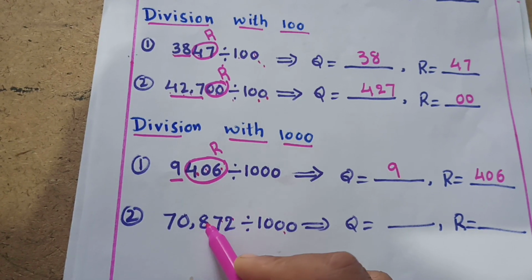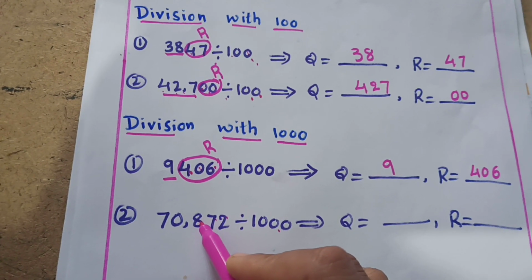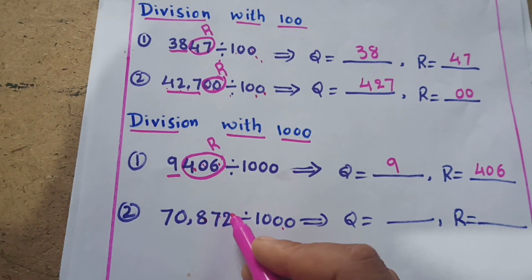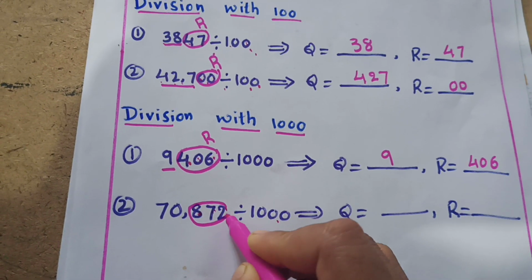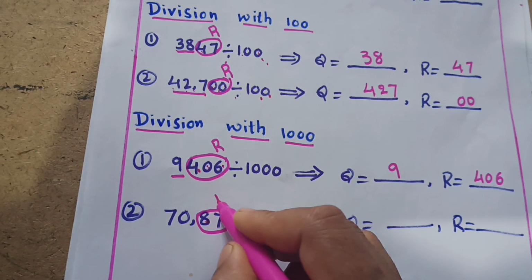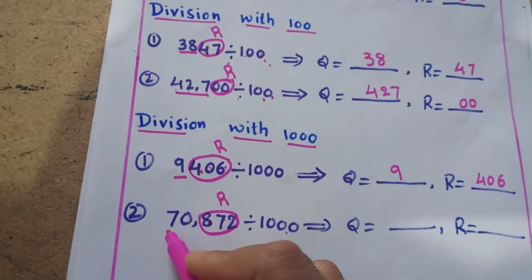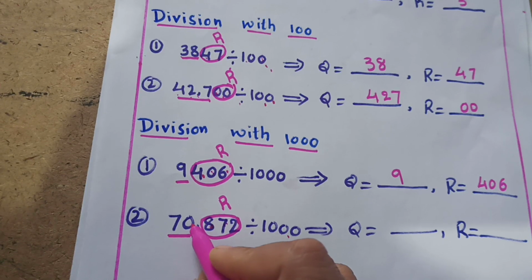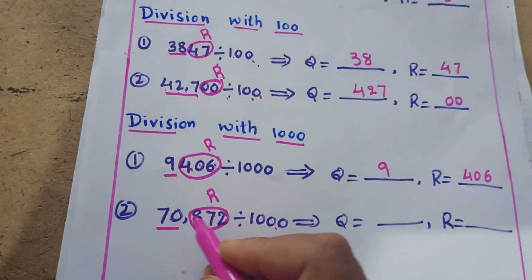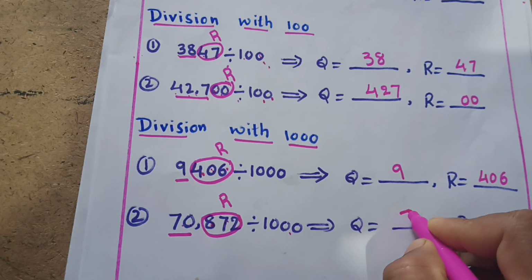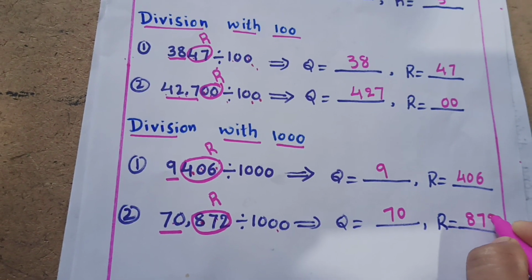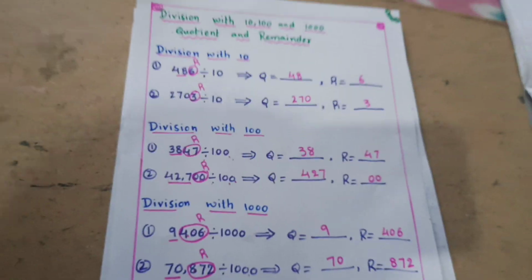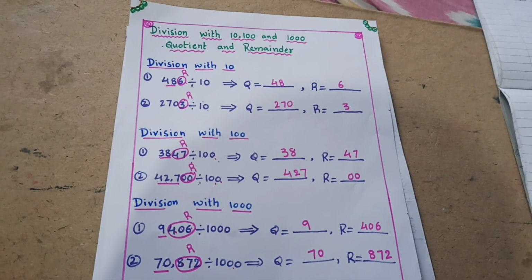That means the digits in the ones, tens and hundreds place become the remainder. What are the rest of the digits? 7 and 0, that becomes the quotient. The quotient is 70, the remainder is 872. I hope you understood this concept, children.